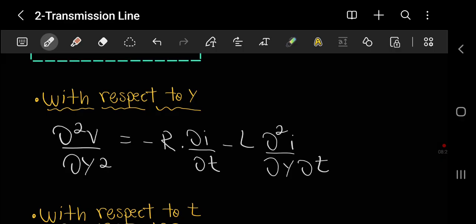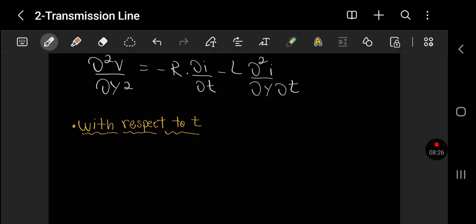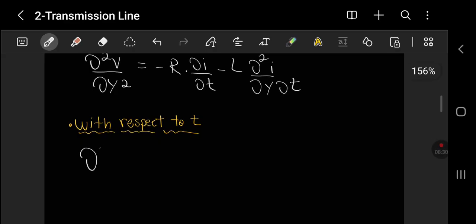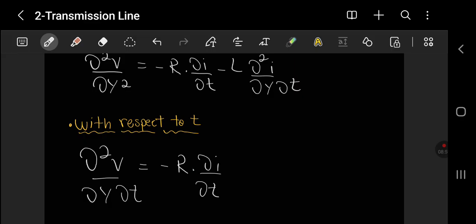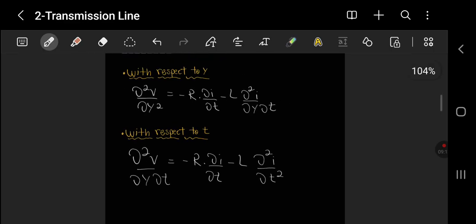Now we will do the same process for t. We will obtain the second partial of v with respect to partial y times partial t, which is equal to minus r times partial of I with respect to partial t minus l times the second partial of I with respect to partial t squared.